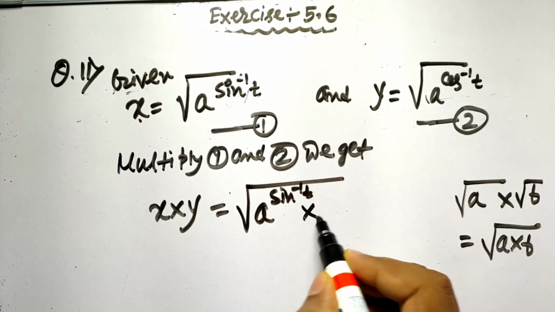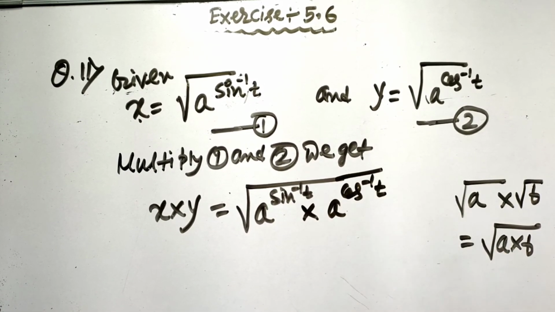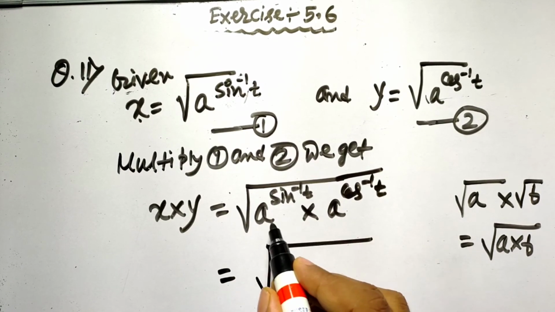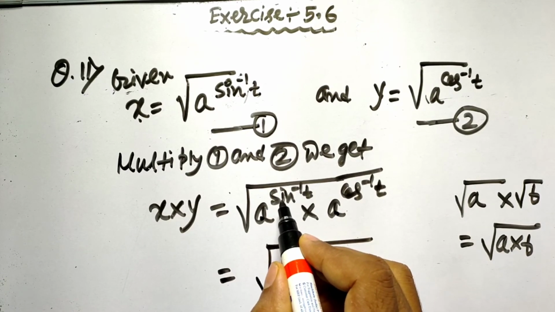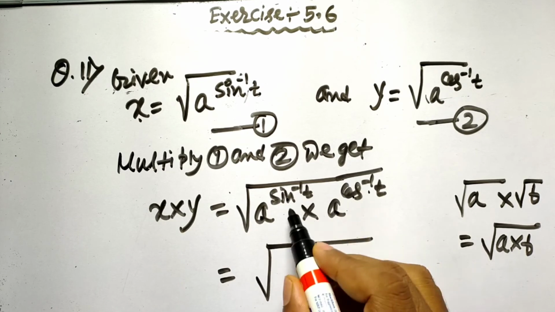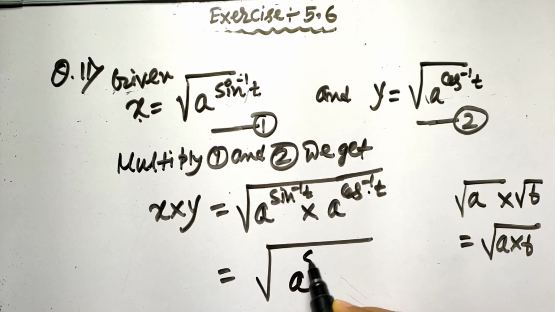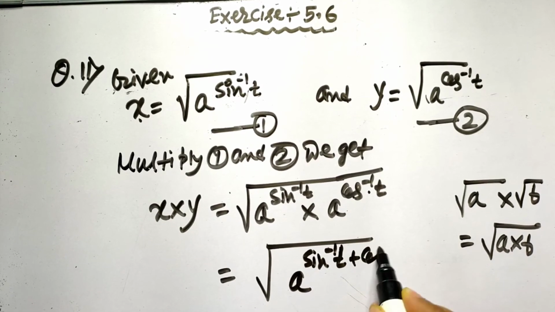Here the bases are the same, the base is a, and the powers are sin inverse t and cos inverse t. So the powers will be added: a to the power sin inverse t plus cos inverse t.